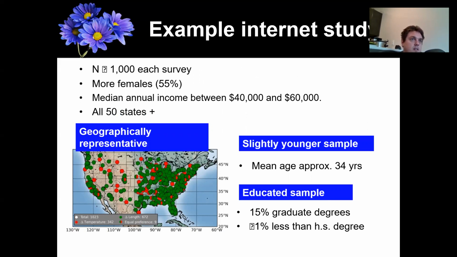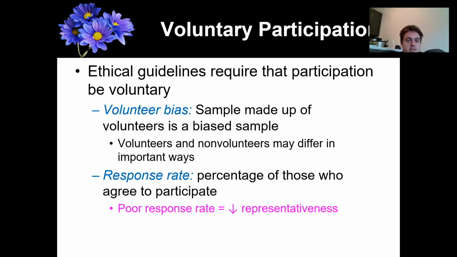Well, that's kind of a bit of a red flag, because that suggests that, obviously, only a small number of people who are actually seeing it are deciding to do it. And that begs the question, are the people that are volunteering to do it different in any way than the general population and the people who didn't sign up to do the study?